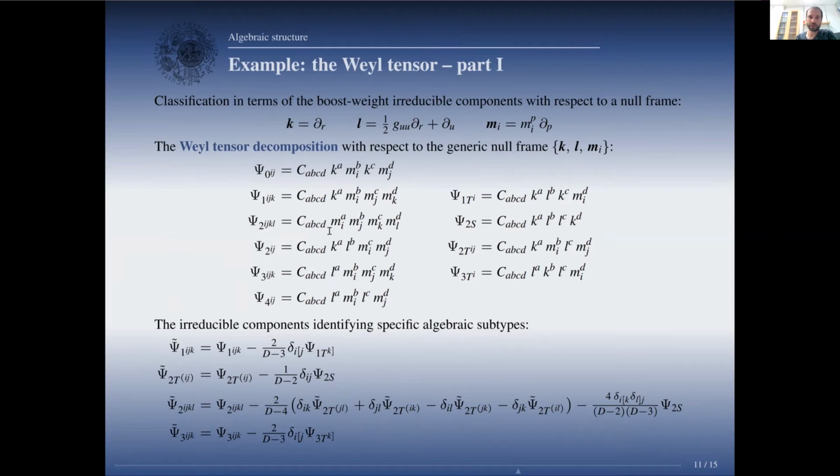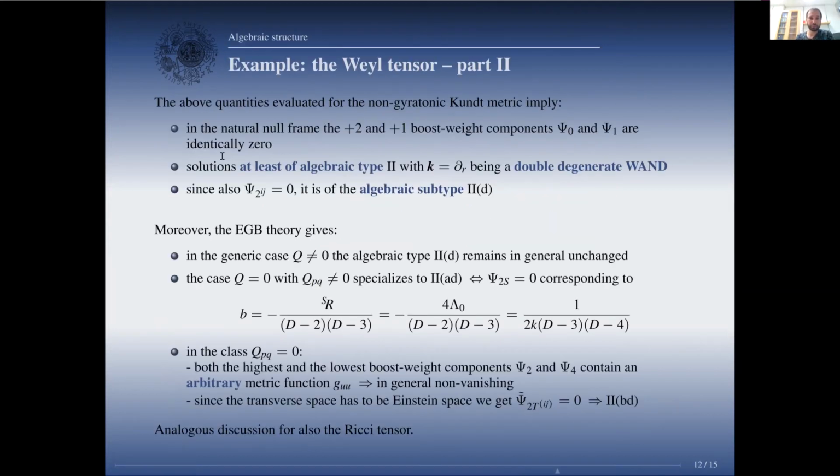So the natural step was to discuss the algebraic structure of the Weyl tensor. One can take, say, a natural null frame and then discuss possible vanishing of various boost weights. What is necessary is to define the decomposition or components of the Weyl tensor with respect to this null frame. It's written here. What can be observed for the Kundt metric ansatz, which we have, is that these geometries are of algebraic type at least II.